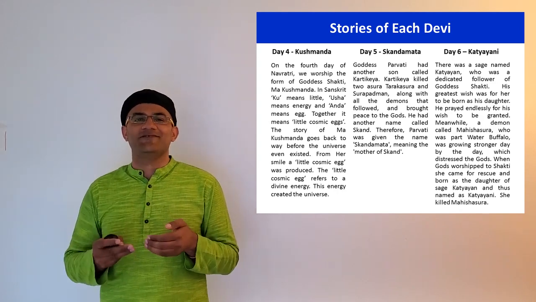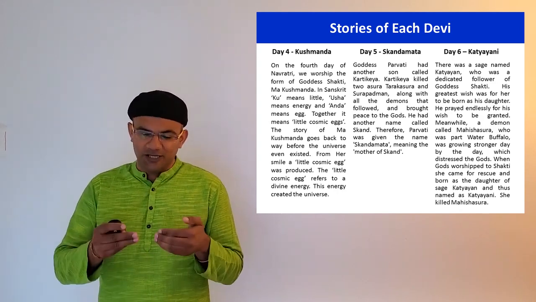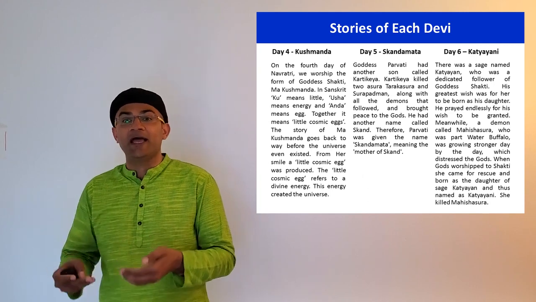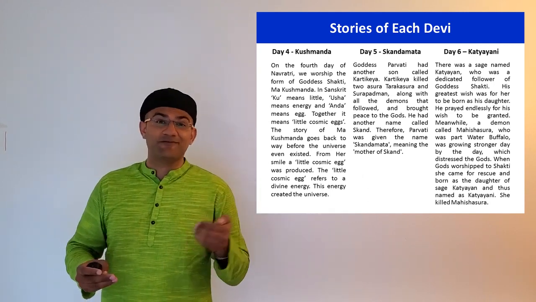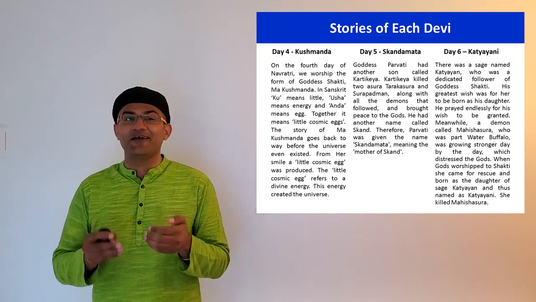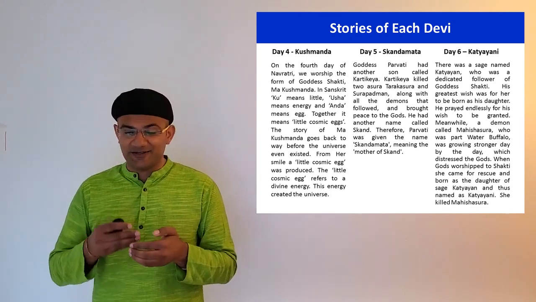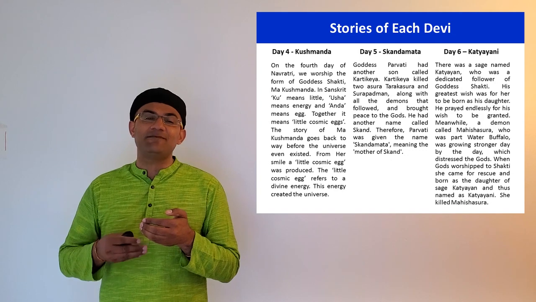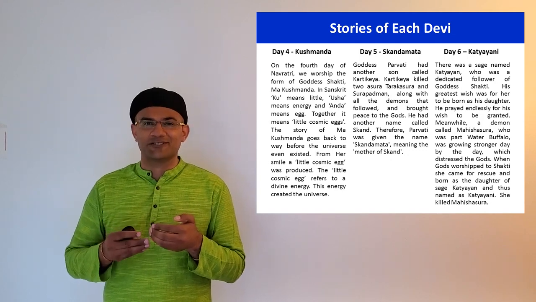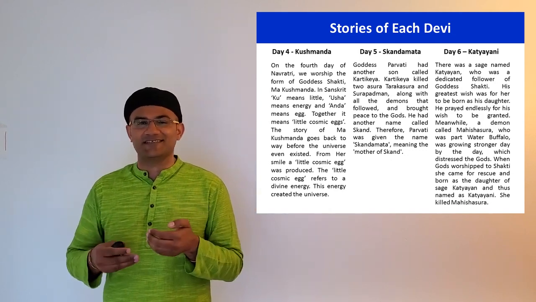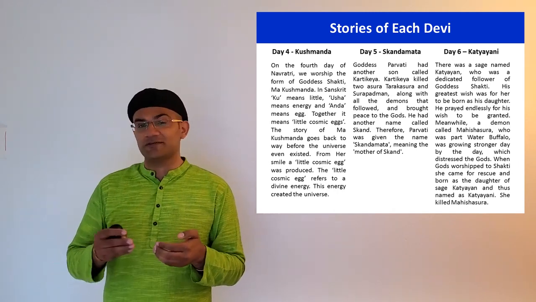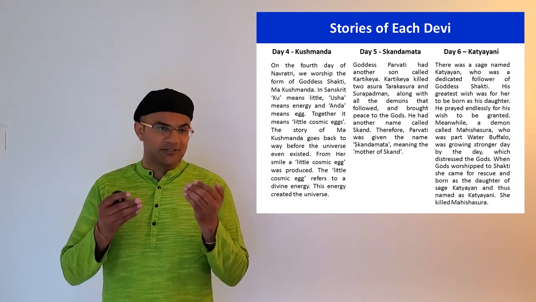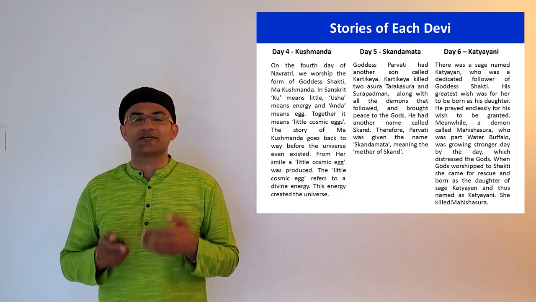So Kusmanda Devi is that form of the energy from where the universe came. And it also says this goes back before even the universe existed. What a fascinating, deep, scientific understanding of the universe those days by these rishis, great scientists of India. It needs further exploration. Obviously, a lot more research is happening. So you will know more in coming years.